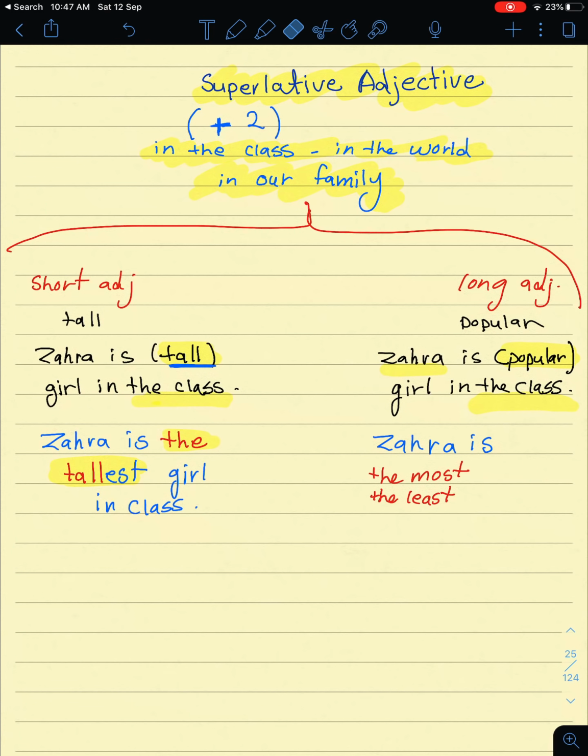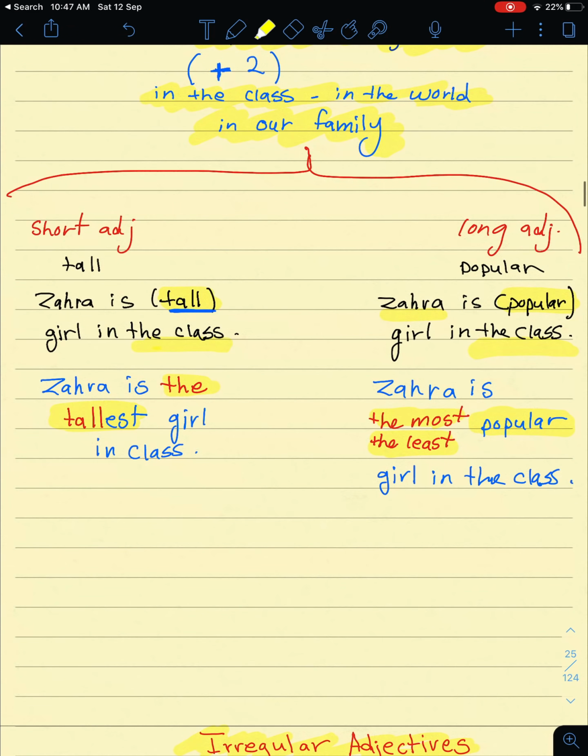Sorry, I misspelled it. And then I'm going to continue girl in the class. Clear? So I just add the most or the least popular. خلاص؟ واضح؟ With the long adjectives.